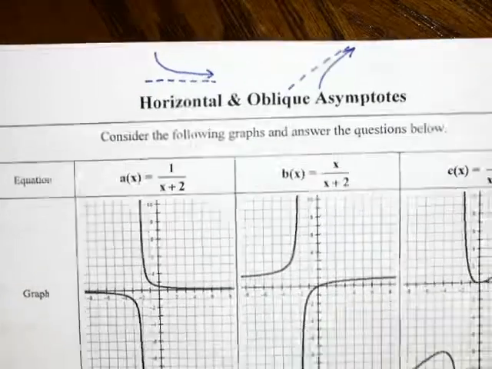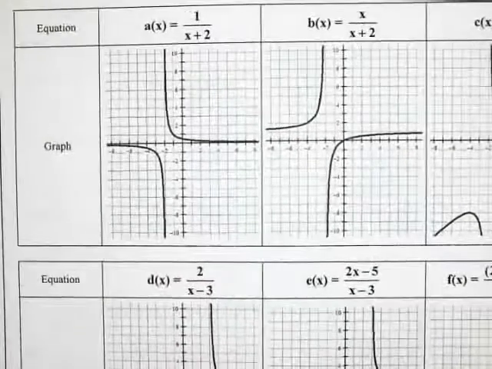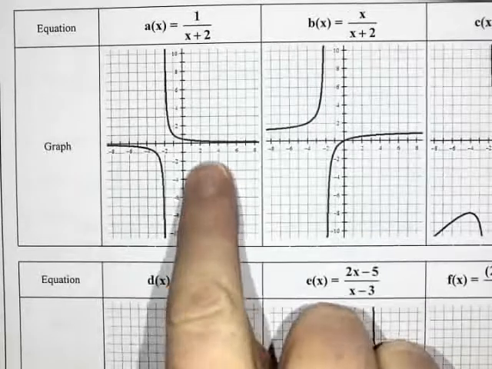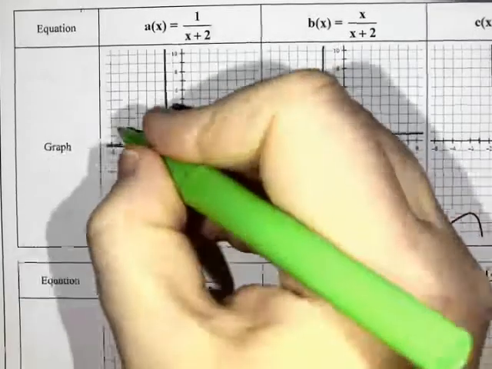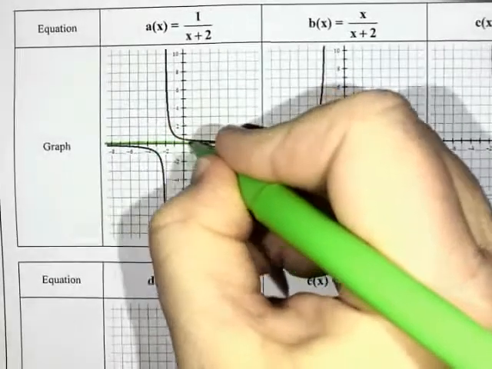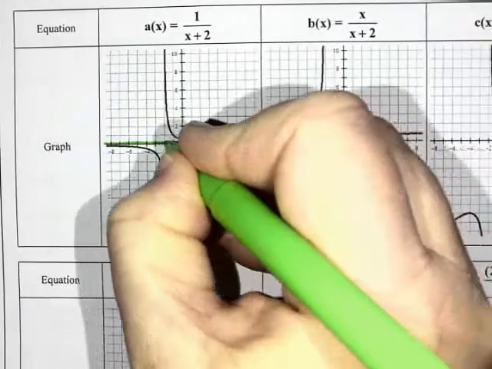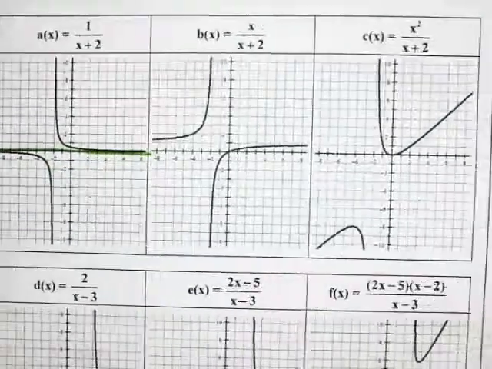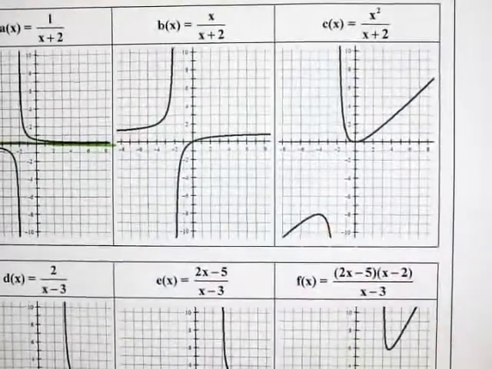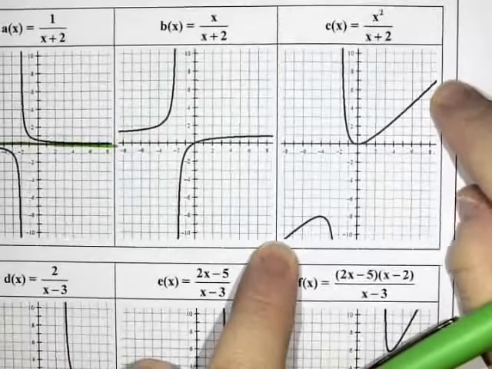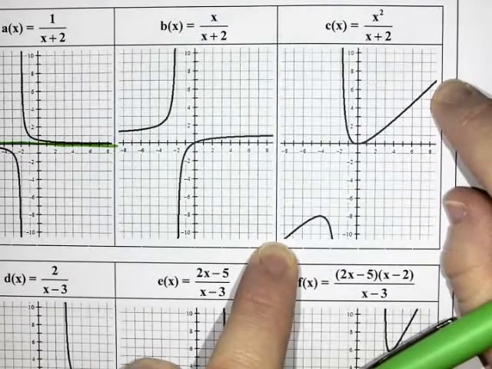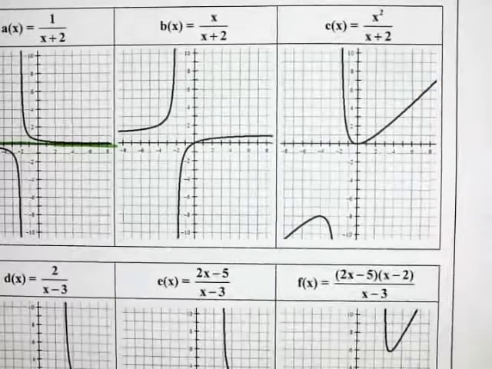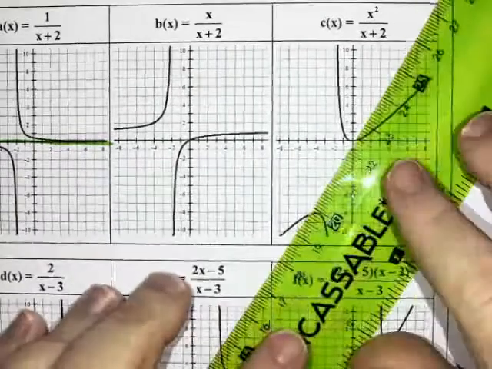When you look at your graphs, just to help you out, I would say this first one has a horizontal asymptote. I think that horizontal asymptote is at 0. If I look at this graph here, when I look at these two ends as they're heading off to infinity, I don't notice that they're leveling off on a horizontal line.